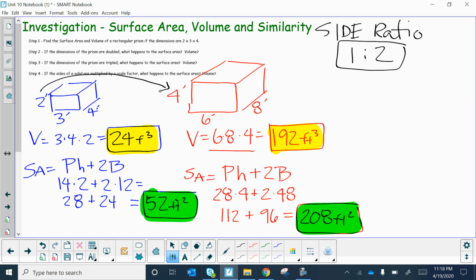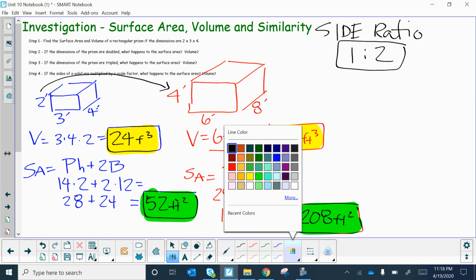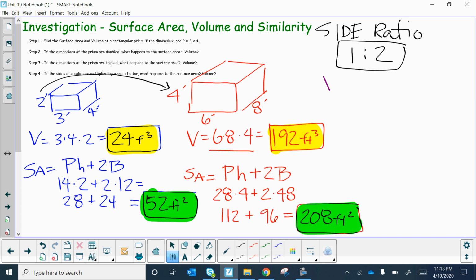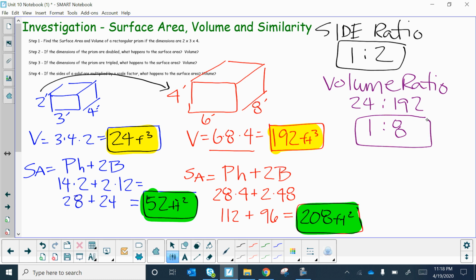So now let's talk about what happened in the volume. So what is the volume ratio? Well, the volume ratio went from 24 to 192. How many times does 24 go into 192? 8 times. So this actually reduces to 1 to 8. So that's our volume ratio. Okay, let's do one more.